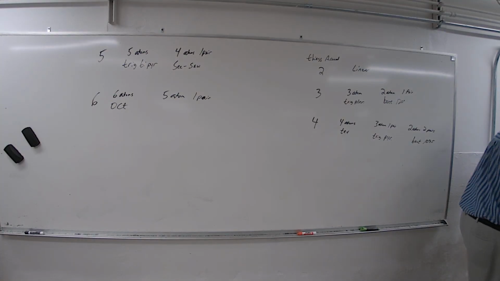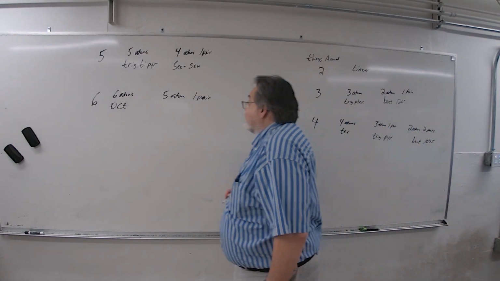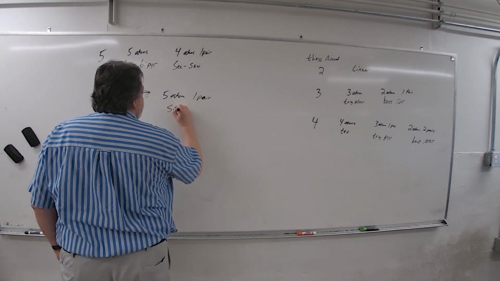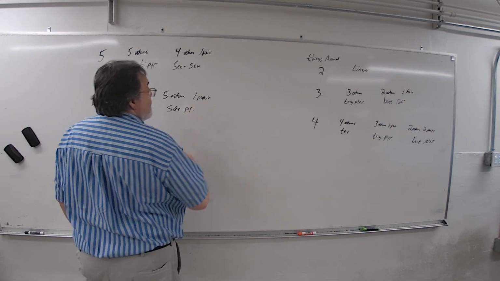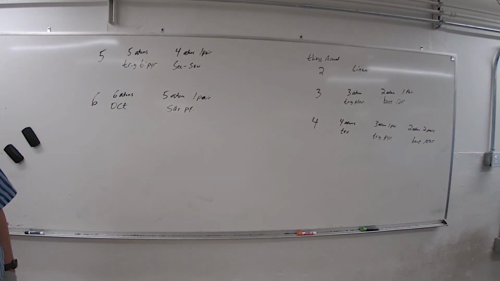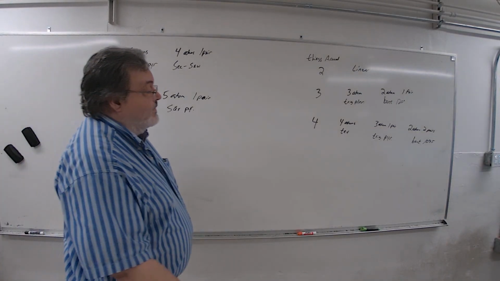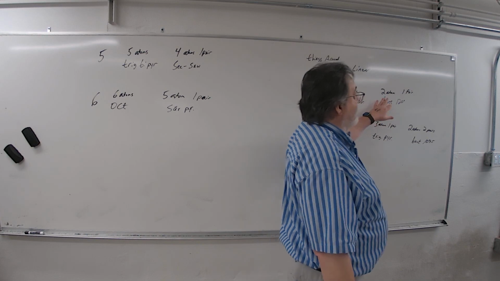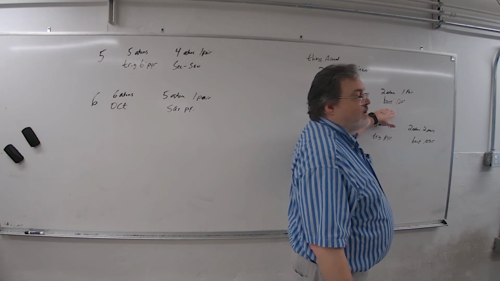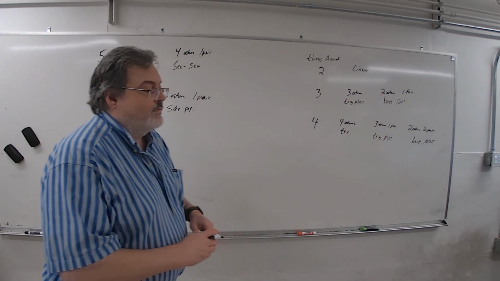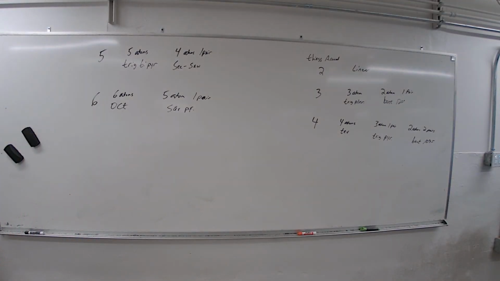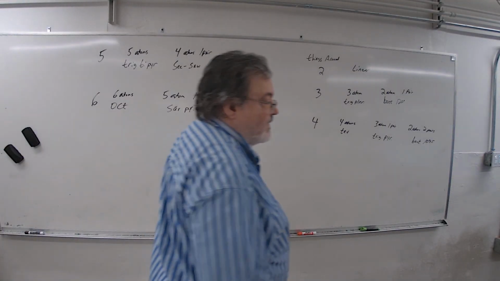So I think we do the first two off. Those you could memorize, if you could analyze it enough to go, there's 3 things around it, and 2 of them are atoms and 1 of them is a pair. You could memorize this much. Let's do this one first.